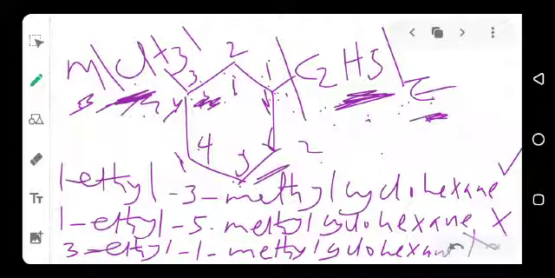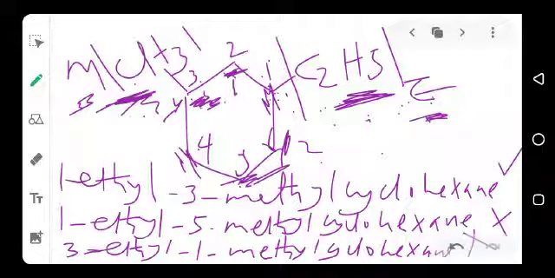So 3 methyl cyclohexane. Why hexane? Because it has 6 carbon atoms in the ring. We have 1, 2, 3, 4, 5, and 6. So the correct name is 1 ethyl 3 methyl cyclohexane. So any other way you name it is not correct.